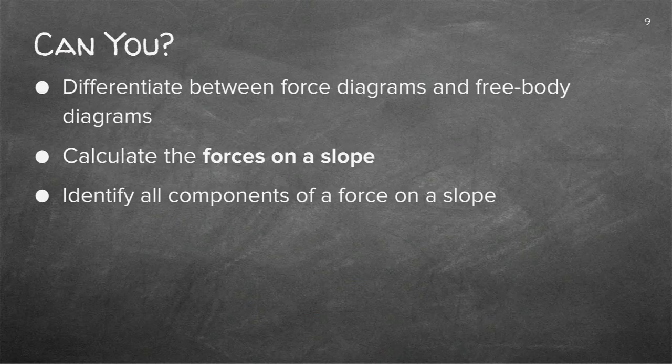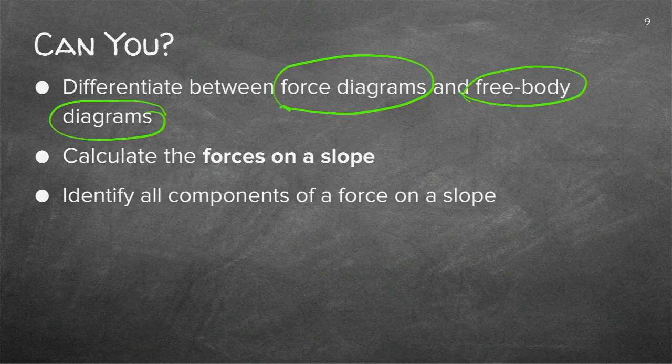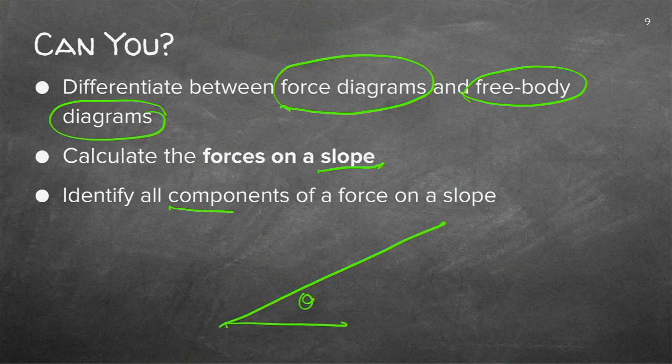What did we do? We took force diagrams and free body diagrams and we applied them to a slope. On a slope, you know you've got an angle, and if you've got an angle, you always have components.